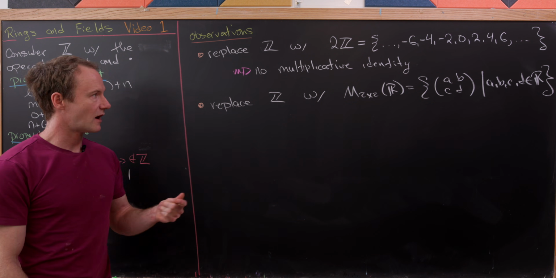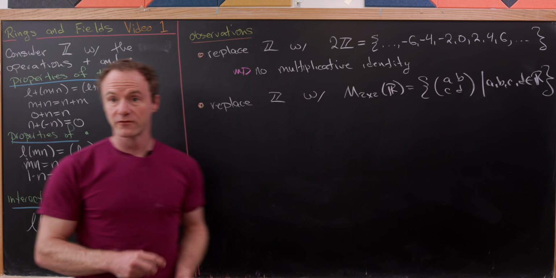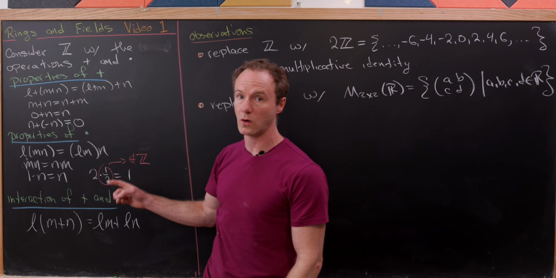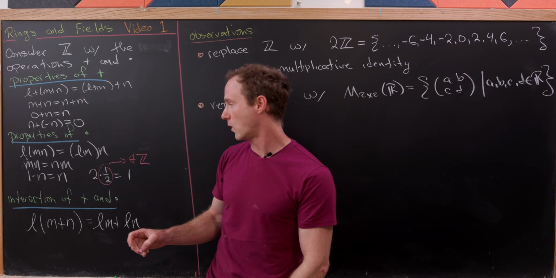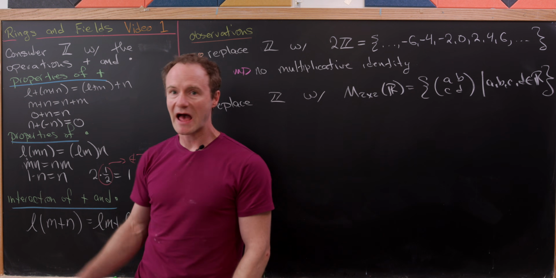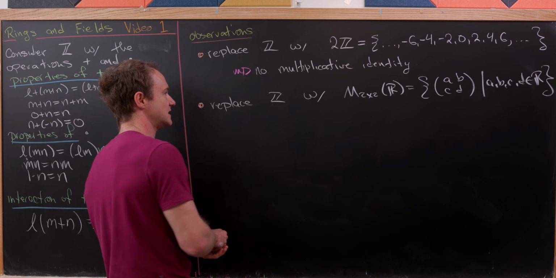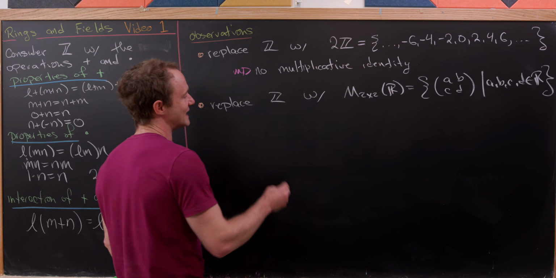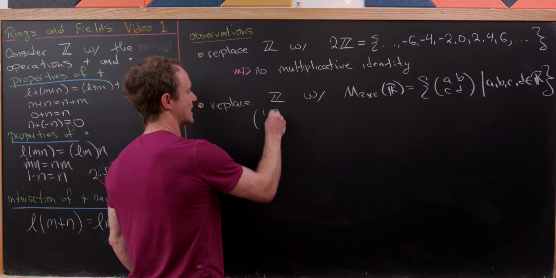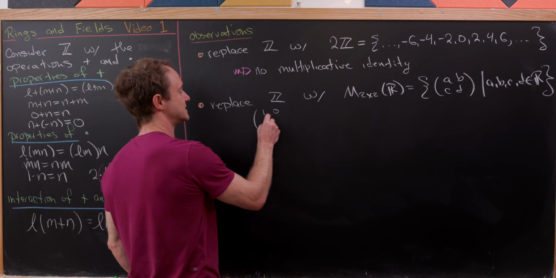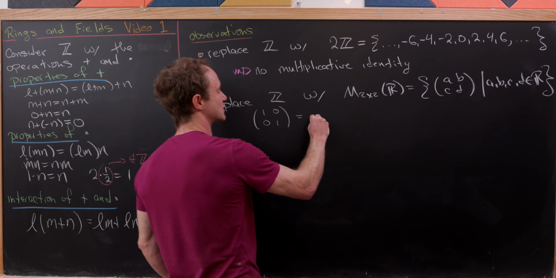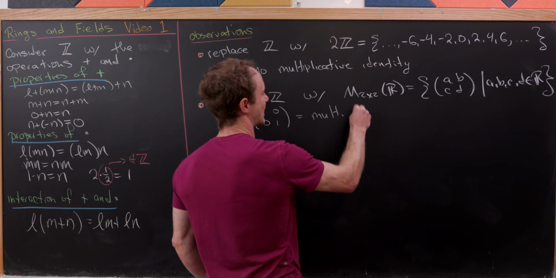Now I'd like to observe that every condition over here that we had before holds except for one. We do have a multiplicative identity, that would be the identity matrix. I'll just write this, [1 0; 0 1] is equal to the multiplicative identity.